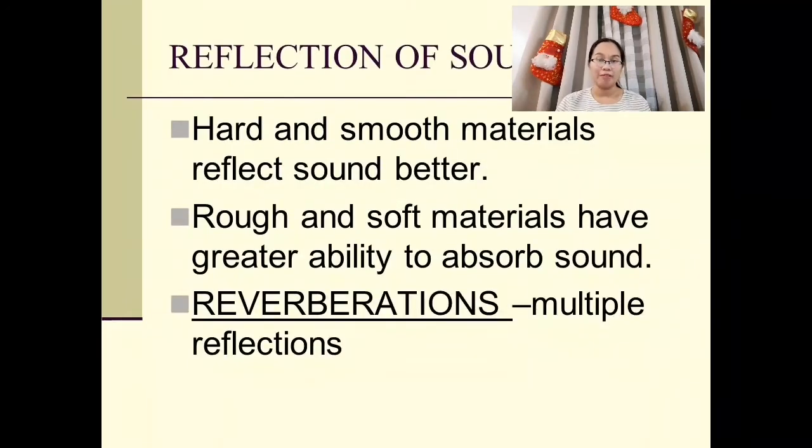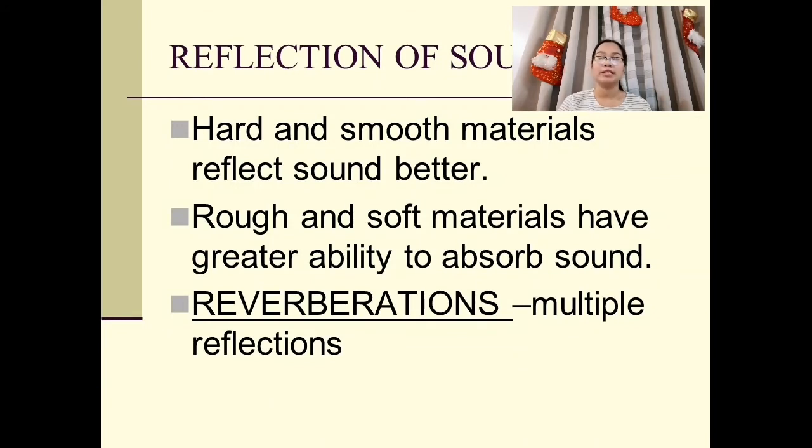So when we have multiple reflections of sound, that is actually what we call reverberations. In sound engineering, they consider reverberation and reflection of sound, depending on the use of the hall. For example, for musical theaters, they prefer that the sound would be livelier, so they make use of reflectors.